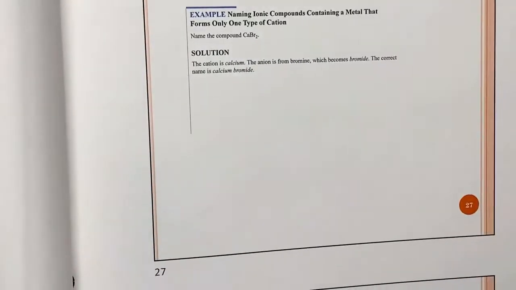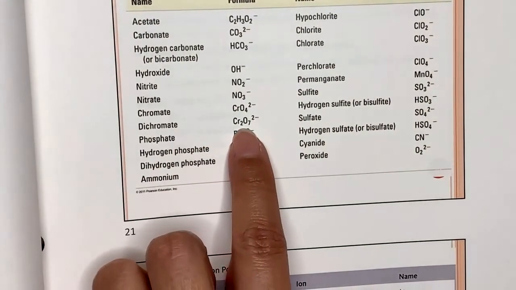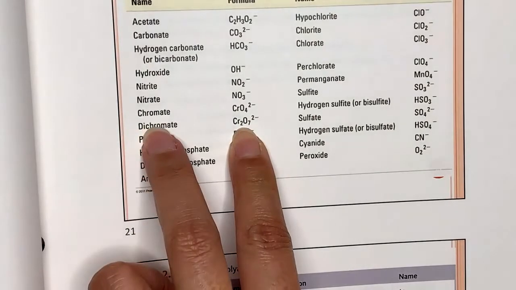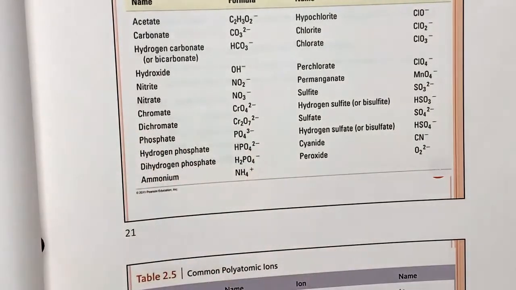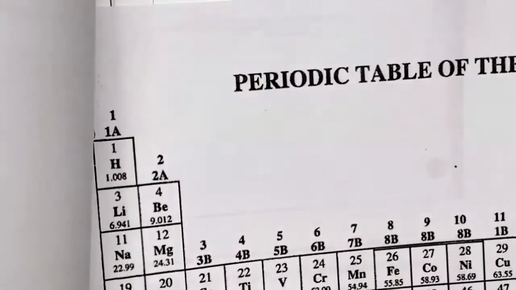So let's flip back, take a look at our charts, and try to find Cr2O7. Right here. See here, Cr2O7 is 2 negative. What is it called? It's called dichromate. Okay, so we know that dichromate is a 2 negative charge. Let's go back to the question.